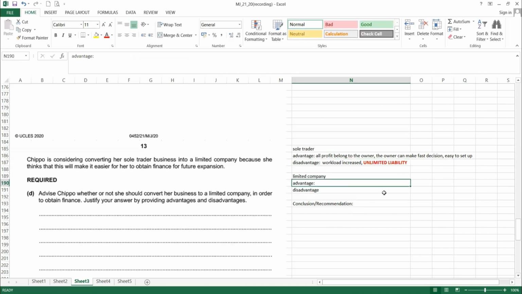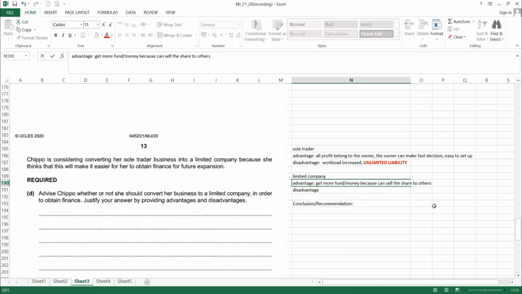So now come to the limited company. The advantage of a limited company is that you can get more funds or money because you can sell shares to others.